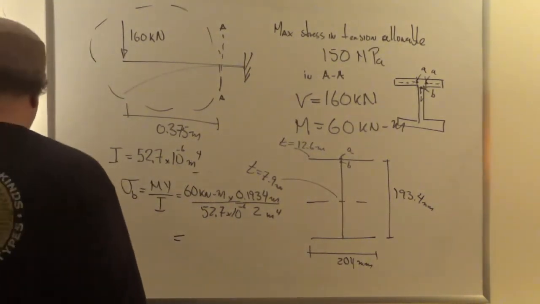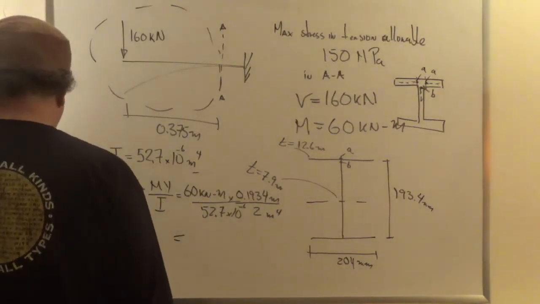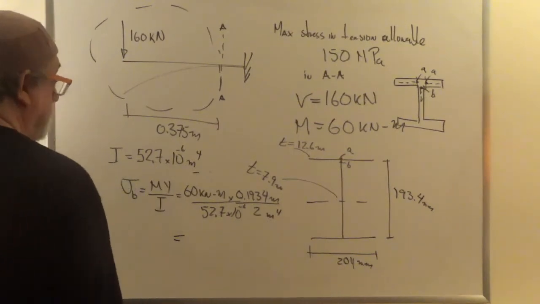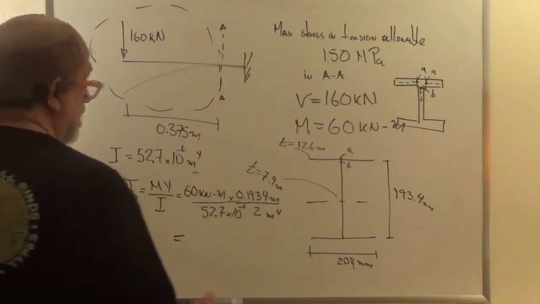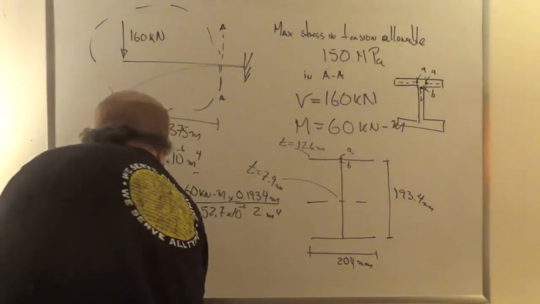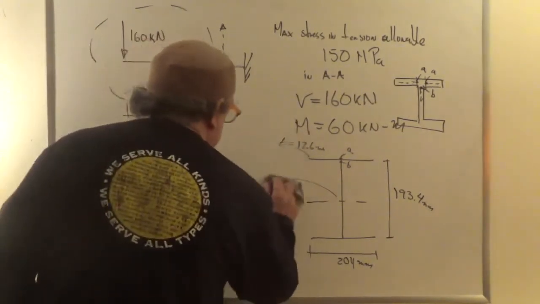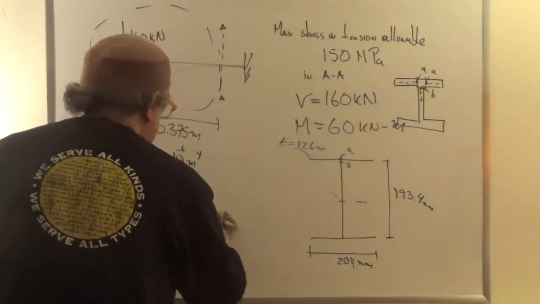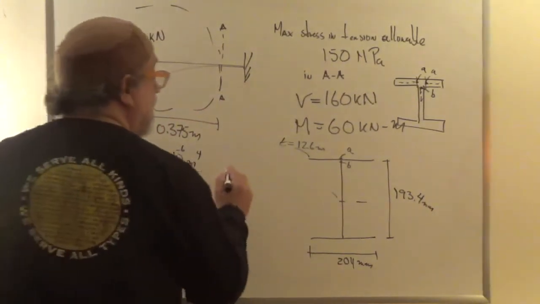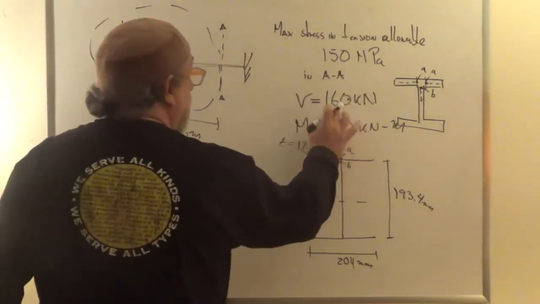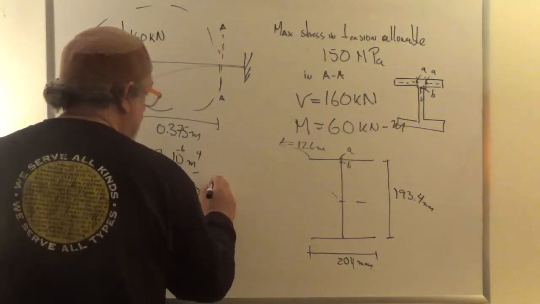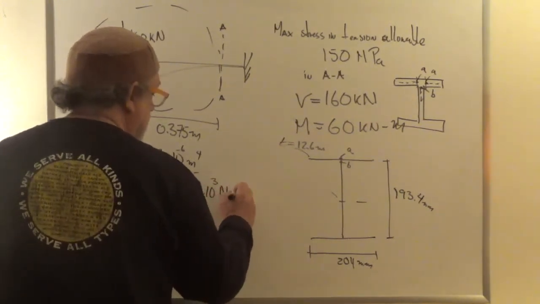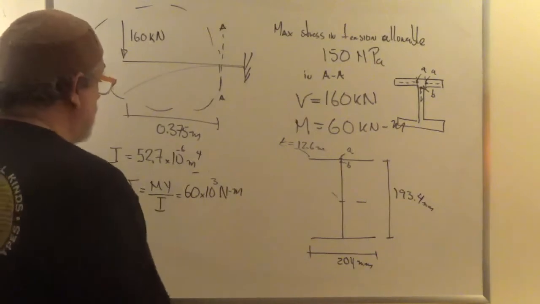Well actually, to be more precise, because these units are not very familiar perhaps to everybody, let me do it like this. 60 kilonewton meters is 60 times 10 to the 3 newton meters, that's 60,000 newton meters.